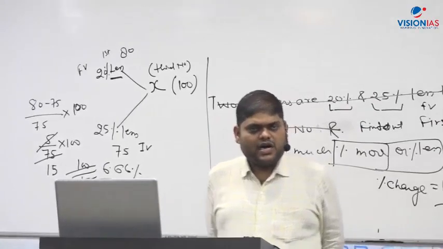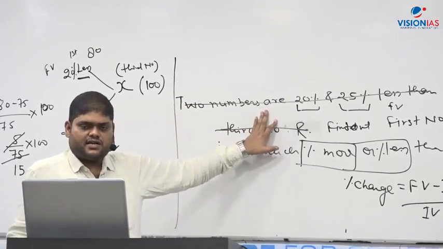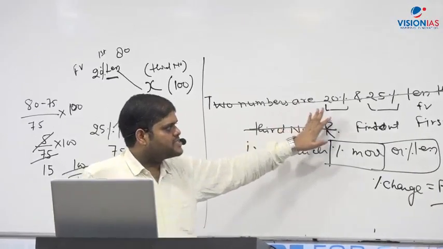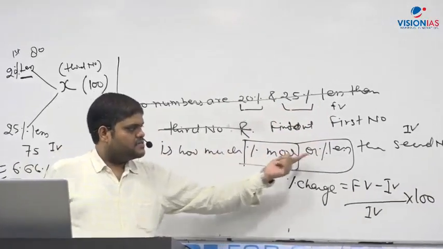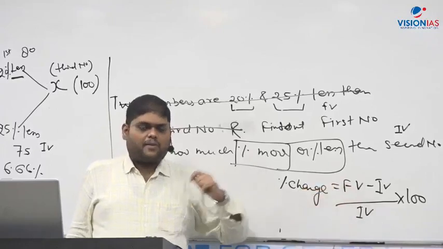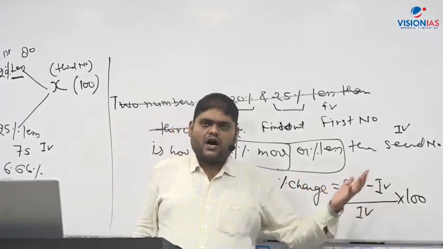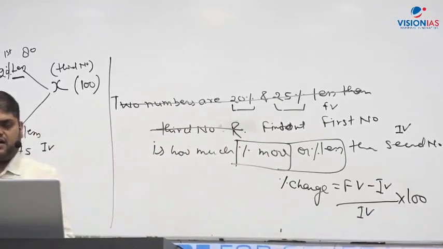Here two concepts are involved, which we discussed yesterday and today also. Percent of more, percent of less. Then final value minus initial value upon initial value into 100, and things are done.